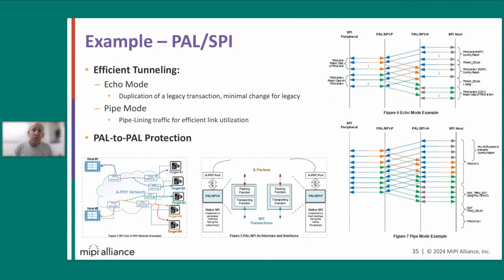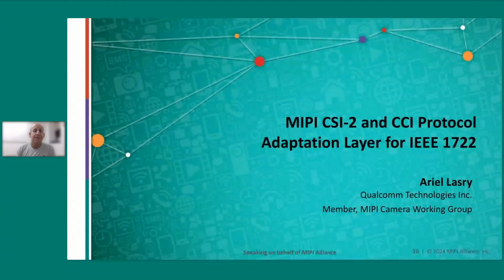And the pipe mode is far more efficient in terms of link utilization, but it needs the host controller to change a little bit the way that it constructs the transaction. Also providing PAL-to-PAL protection. And yes, this is it.